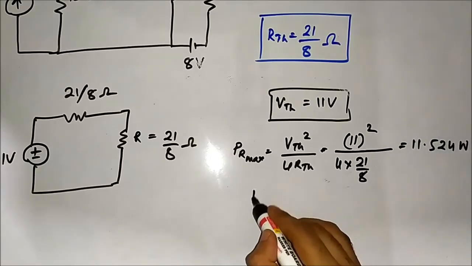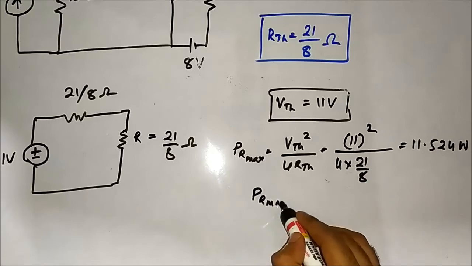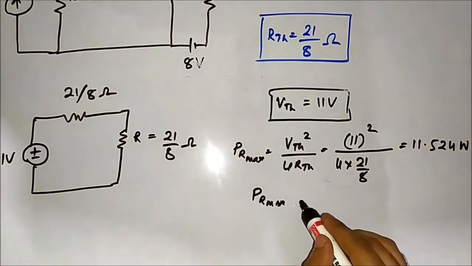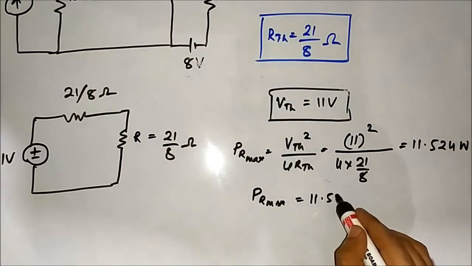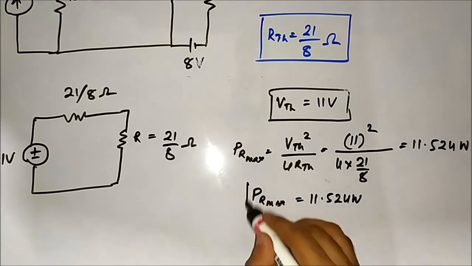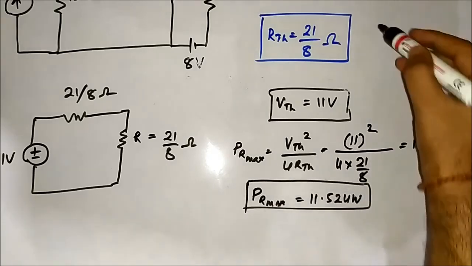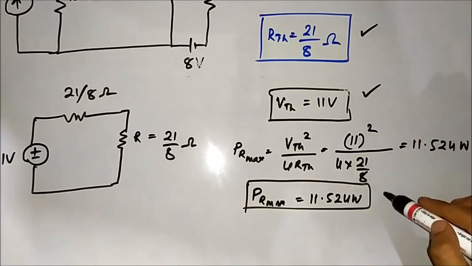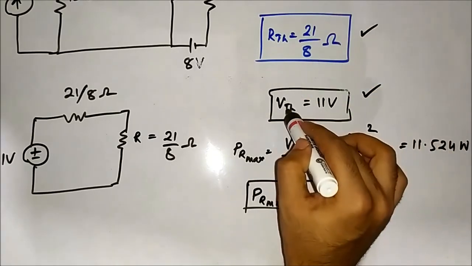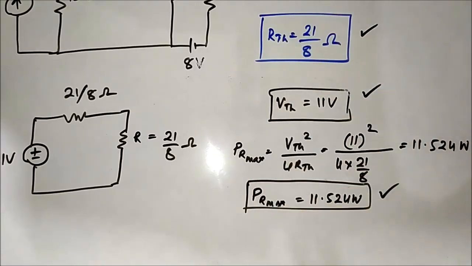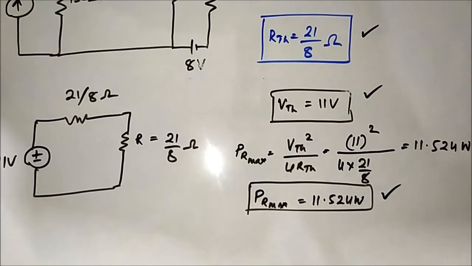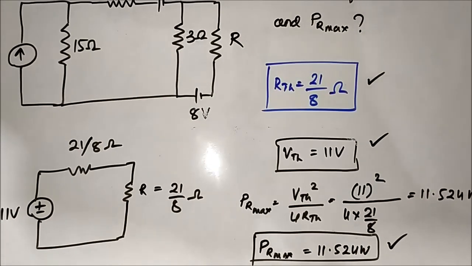That is the maximum power that is transferred to this resistor R, 11.524 watts. So these are three important parameters related to this question: VTH, RTH and PR max. This is the second question related to maximum power transfer theorem.